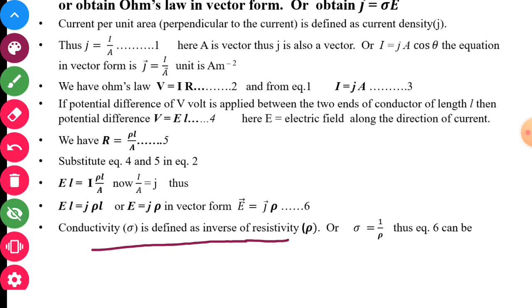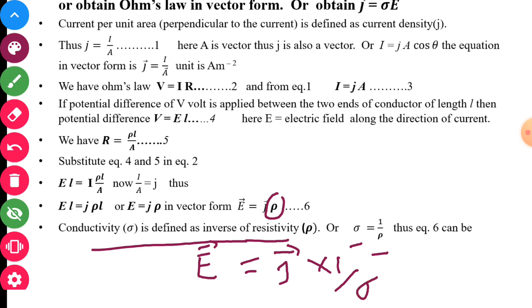So sigma is equal to 1 upon rho. So instead of rho you can write sigma, so it can be written as E is equal to J into 1 upon sigma. So J can be made the subject of the formula. So J is equal to sigma E is the required equation which we had to derive.